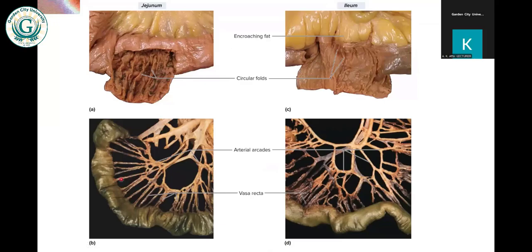Then finally, this straight artery is called the vasa recta. The vasa recta are longer in the jejunum and shorter in the ileum. Because of the numerous circular folds, the jejunum has a thicker wall than the ileum.